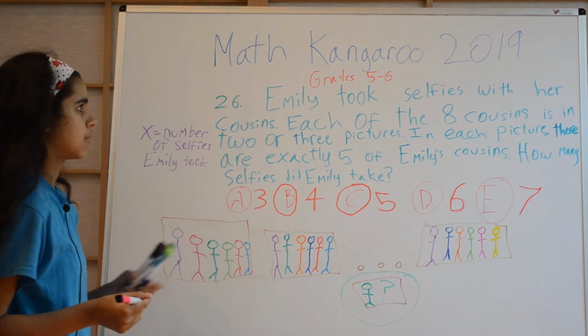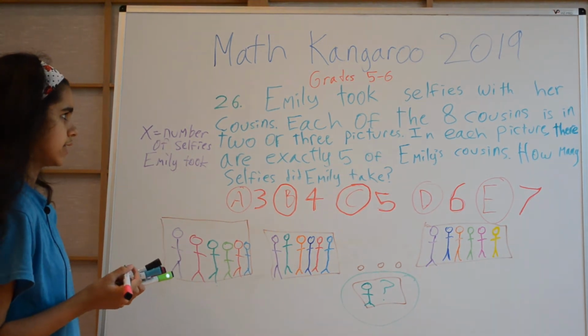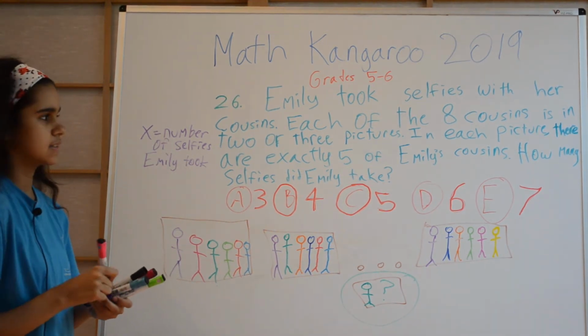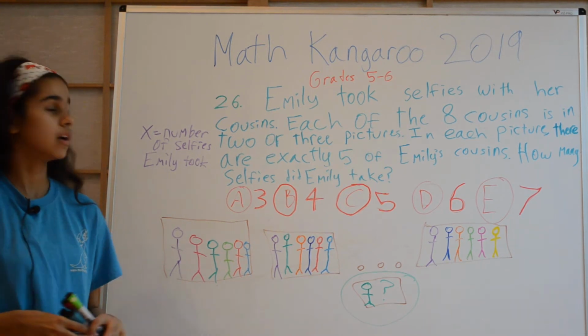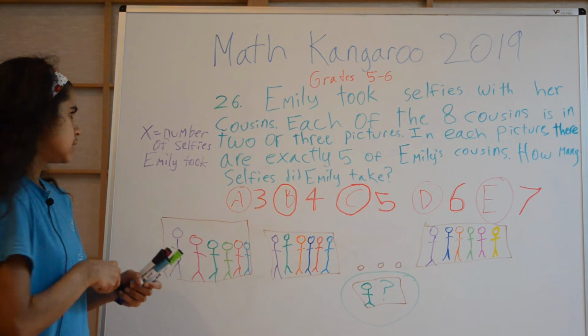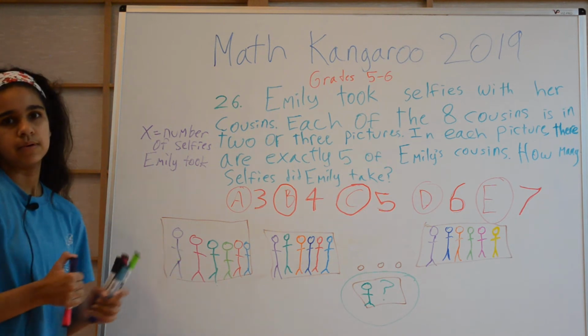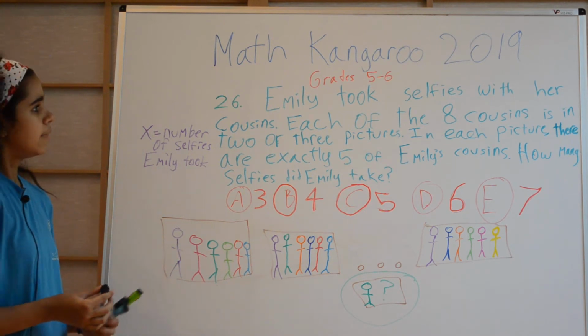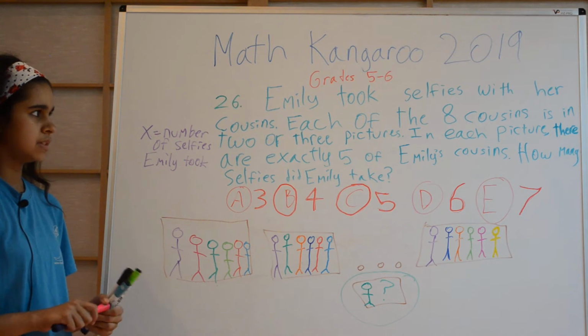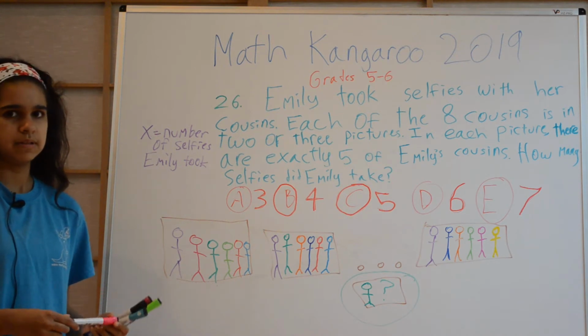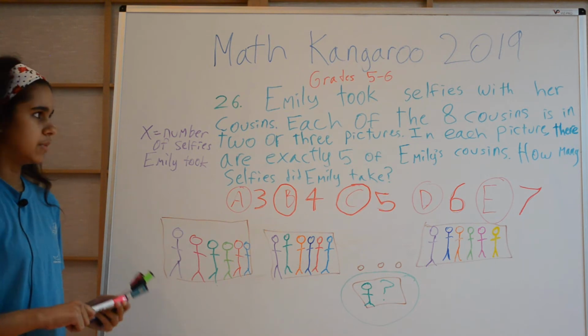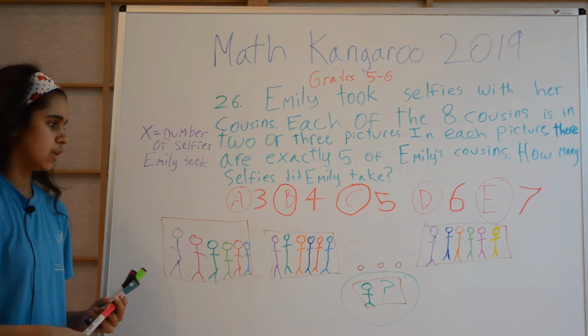So if we look at the problem, the information they give us is that each of the 8 cousins is in 2 or 3 pictures, and that there's 5 cousins in each picture. And they don't tell us much about the number of selfies that are actually taken. But we do know a bunch of things about the cousins, and that will lead us to be able to find numbers for the total number of cousins.